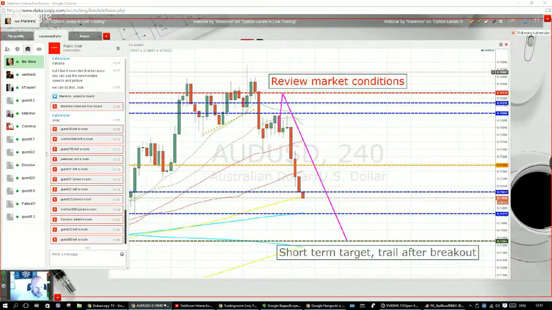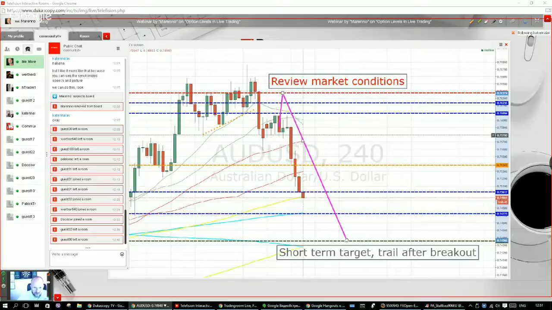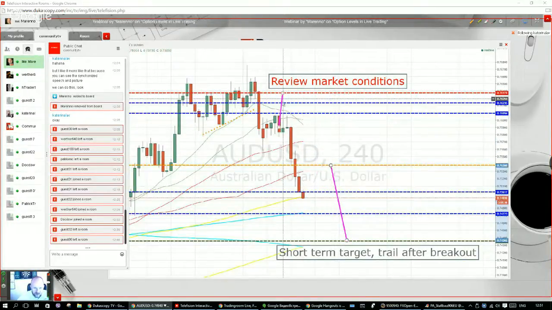The price might go towards, something like this, as a possibility. The price will reach this level here, then it will bounce back, and then we'll have another opportunity to sell it. Not sure that it will be today, but this is just the second day of the week. So let's have a look at what is going to happen with this one.